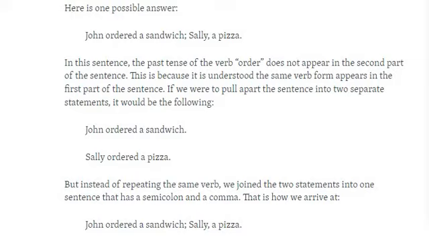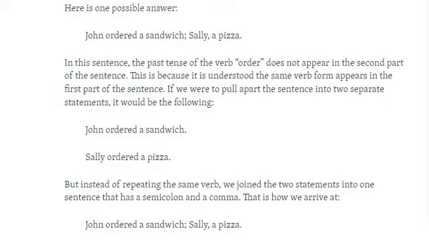In this sentence, the past tense of the verb order does not appear in the second part of the sentence. This is because it is understood the same verb form appears in the first part of the sentence. If we were to pull apart the sentence into two separate statements, it would be the following.